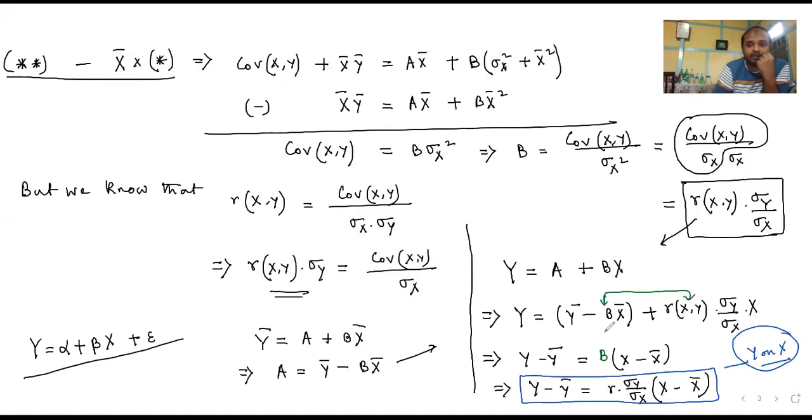As I told you in my previous class, you cannot just interchange the positions of y and x to get the regression equation of x and y. It is not right.